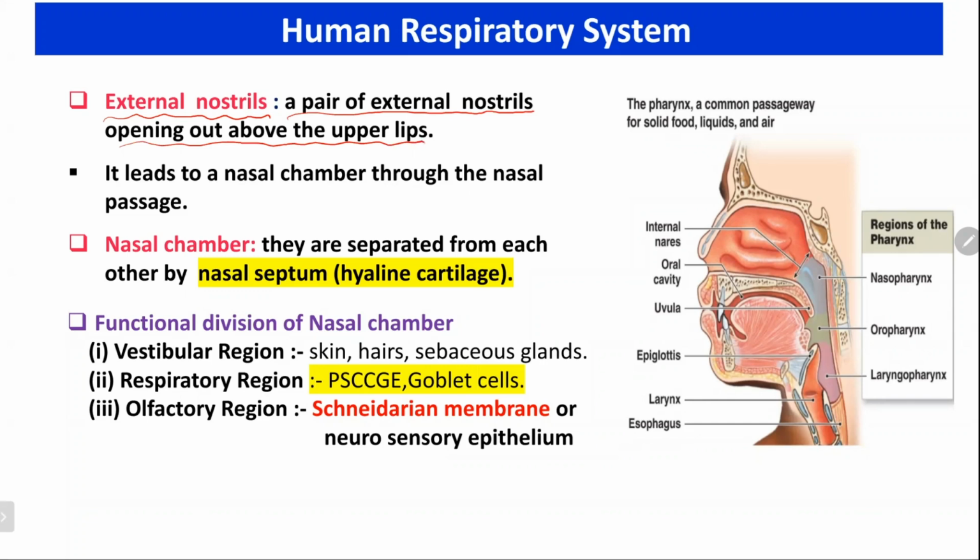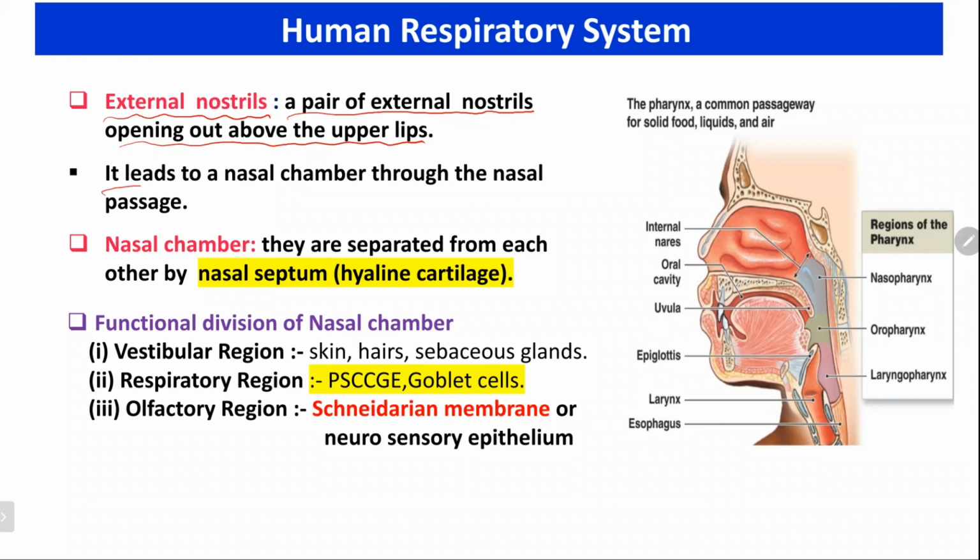You see above upper lips, nose opens outside by means of one pair of external nostrils. So all you need to remember, external nostrils are one pair of openings which are present at the tip of the nose, and they are located above upper lips. How simple it is, you see, it is very simple.